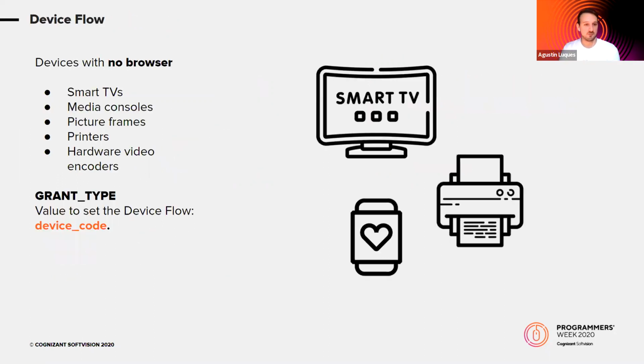The next flow was designed for devices with no browser. That means devices that haven't got the ability to open a browser, like smart TVs, printers, etc., and all the nowadays known Internet of Things.